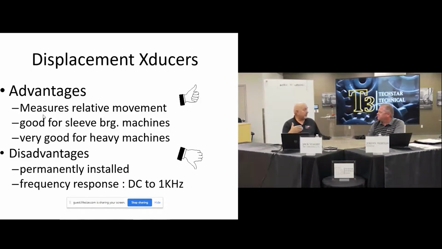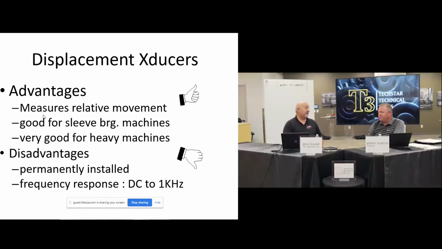Gearboxes, a lot of people may have a high speed gearbox where your output speed's 12,000, and your input speed from a gas turbine could be 20,000. Sure. So there's a little bit of variation there, but just like with gearboxes, I always say, even though you have Bently Nevada probes mounted on your gearbox, also take case readings.